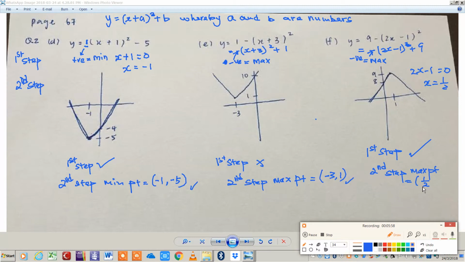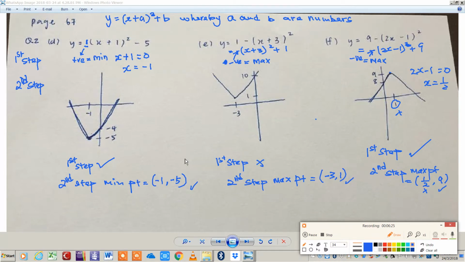So from here, this point is wrong. It's supposed to be x equal to half. Okay, then what about your y? Your y is plus 9. So this point here is plus 9, y value 9. So what you've done is, this one you got it correct, this one you got it wrong.